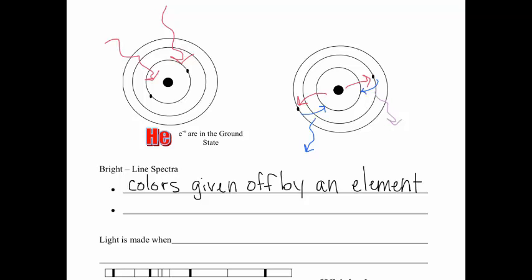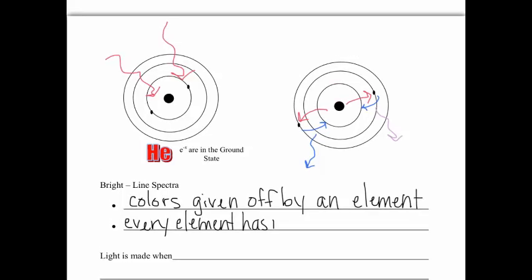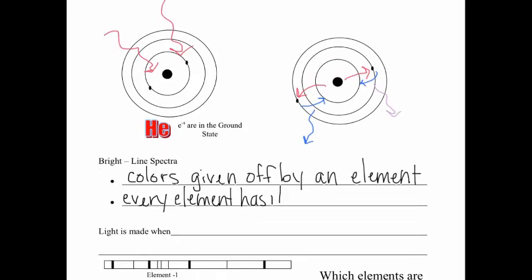So every element has its own bright line spectrum. And it's kind of like a fingerprint. We can use it to identify the element.